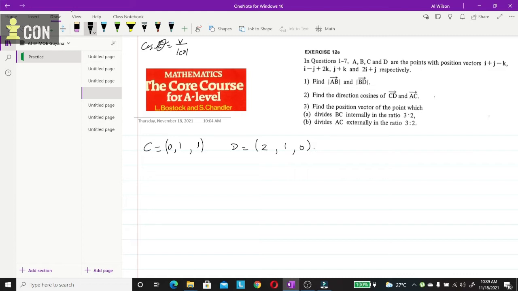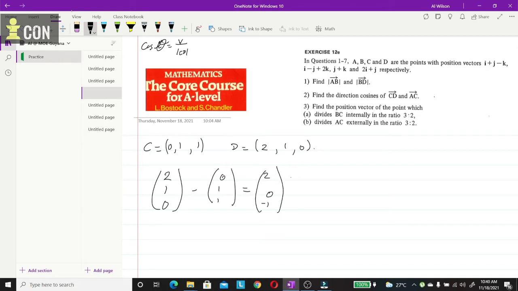So looking for the components now, we're going to subtract the initial from the terminal. So we have 2, 1, 0, subtracting 0, 1, 1. So 2 take away 0 is 2, 1 minus 1 is 0, 0 minus 1 is minus 1.